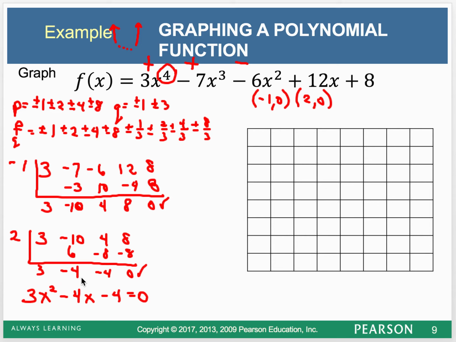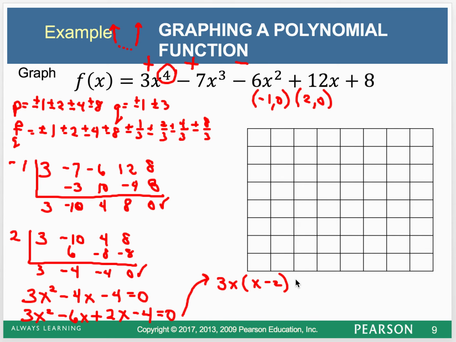I need 2 numbers that when I multiply give me negative 12, and when I add give me negative 4. So that's going to be negative 6x plus 2x, right? If I factor out a 3x, that's going to leave x minus 2.